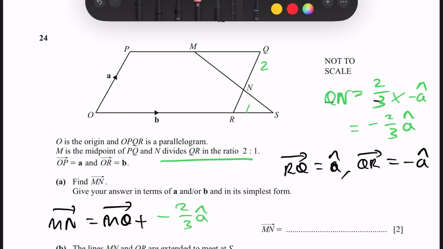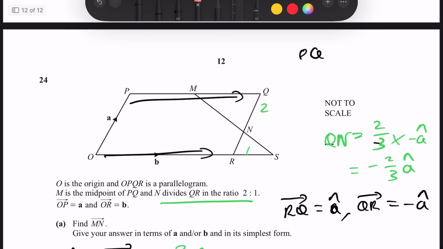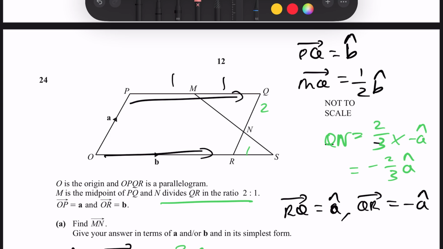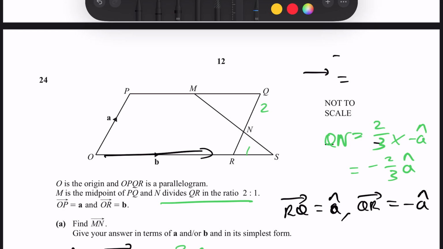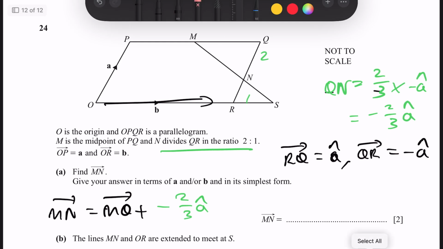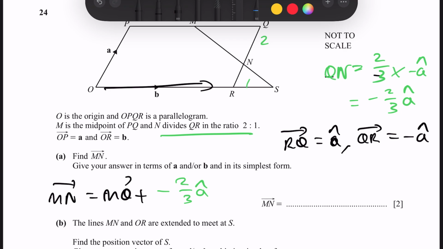and since OR and PQ are, like I said before, parallel, PQ is equal to B. And since M divides PQ in half, this means that MQ is equal to half of B. Since this would be half, and this would also be a half, we can rewrite MQ as half B. One second, sorry.